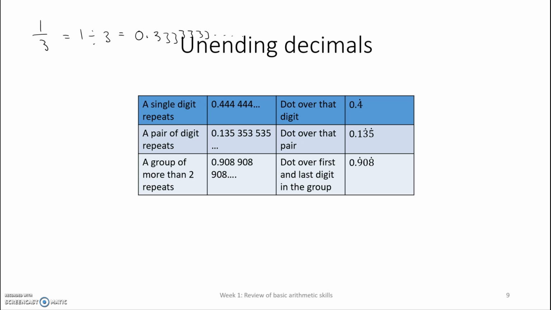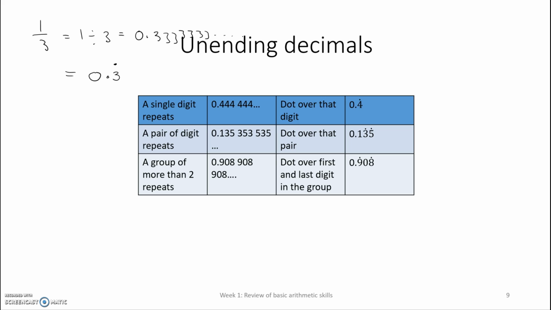It doesn't stop. The number is an infinite or unending list of 3s. So what we do for that case, to shortcut that, is we write 0.3 and a dot over the 3 that shows that the 3 is repeating.